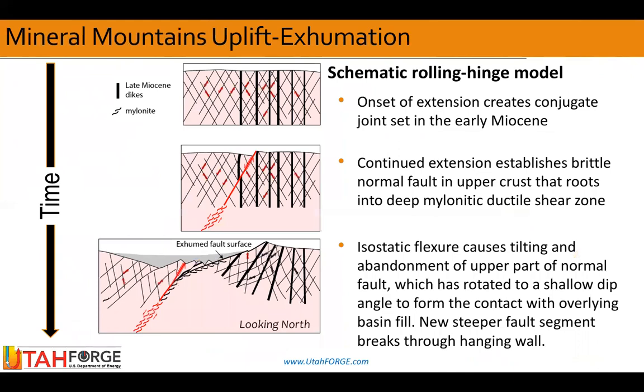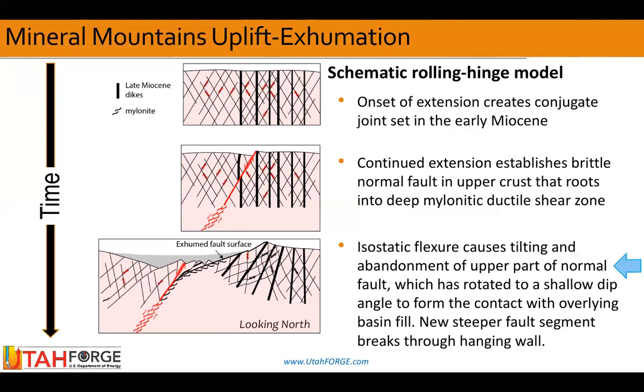John Bartley has synthesized the evolution of the fracture patterns into a time series model. The upper panel represents the early onset of extension after much of the plutonic rock had solidified, with the development of a conjugate fracture set. The middle panel represents localization of fault development and normal fault movement along a single fracture plane.